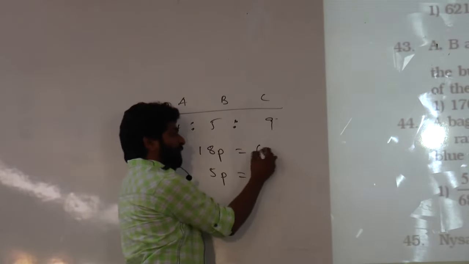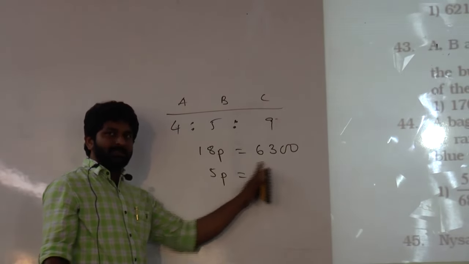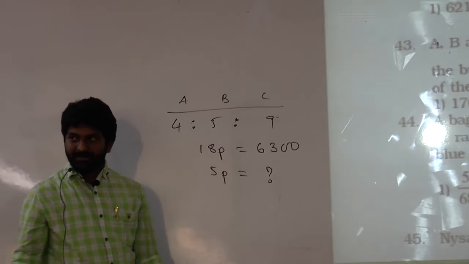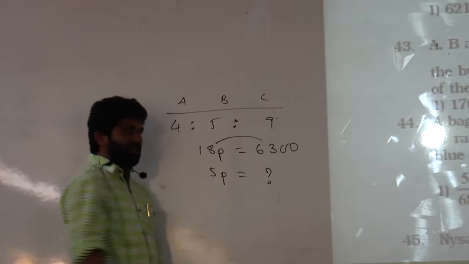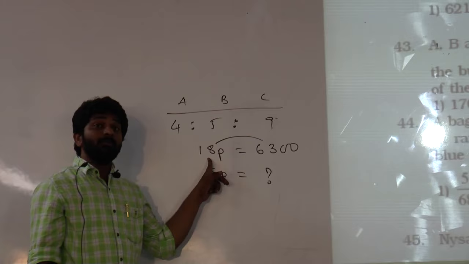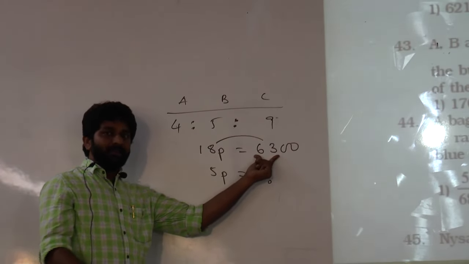Total profit in terms of rupees 6,300. 18 parts is equal to 6,300. 5 parts is equal to how much? Answer should be 5 multiples. I want horizontal comparison. Forget about zeros. You can adjust zeros later. 18 divided by 2, 9 into how much will be equal to 63? Into 7.